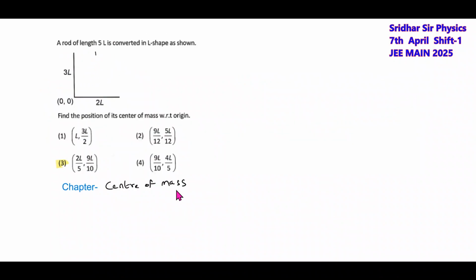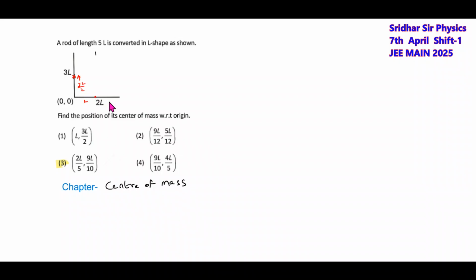Okay, this question is based on the center of mass. We have to find out the location of the center of mass of this L-shaped rod. A rod of length 5L is converted into an L shape. This length 3L, its center of mass will be at a distance 3L by 2.